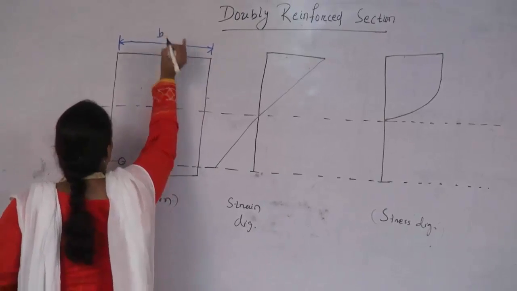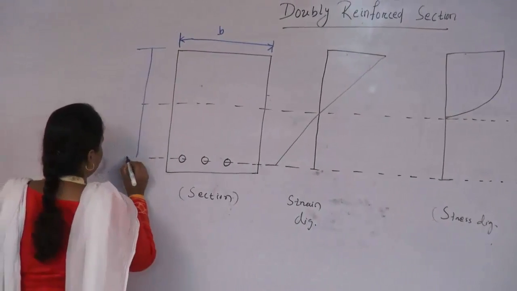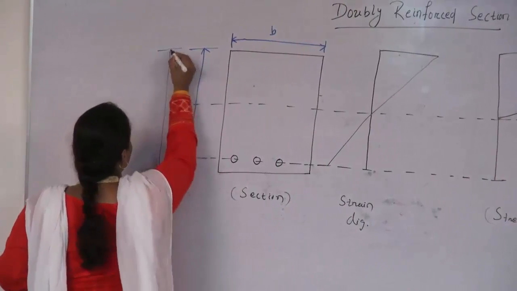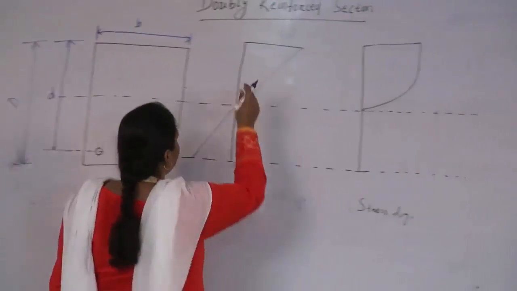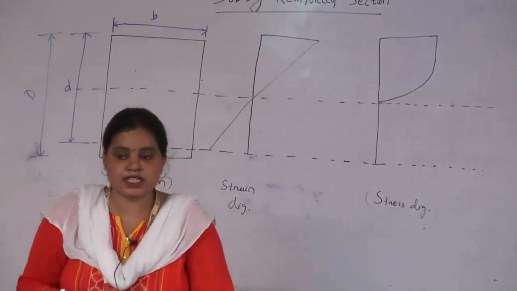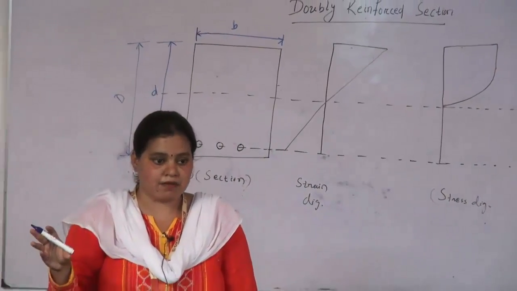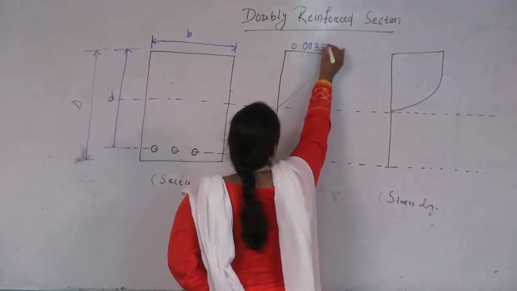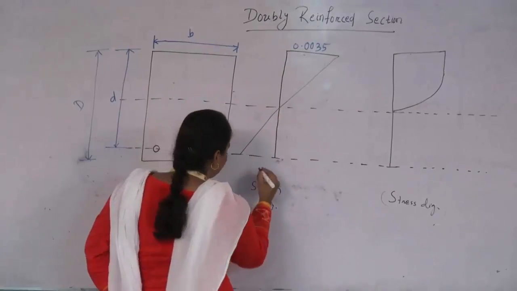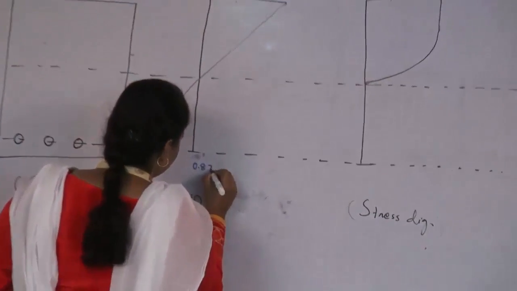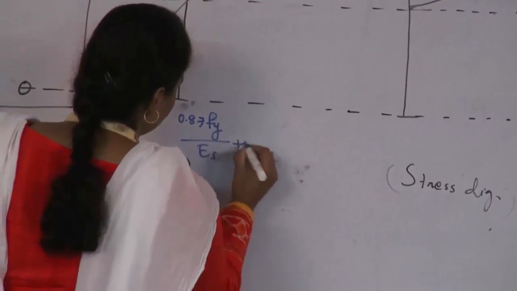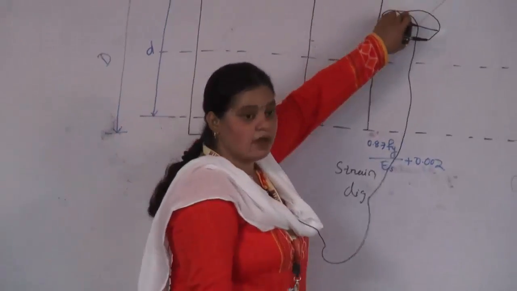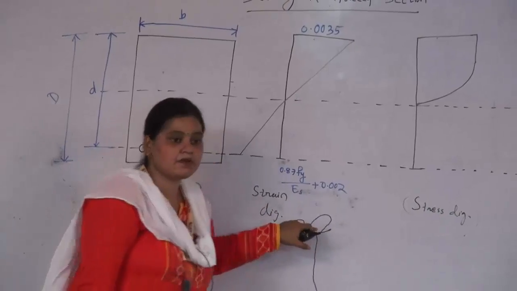Width of the section is B. Then the effective depth is this, that is small d, and this is capital D. Now the maximum strain in the singly reinforced section is the same for all beams: 0.0035 for the compression zone, and for the tension zone 0.002. This is the maximum strain in the compression zone and this is the maximum strain in the tension zone.